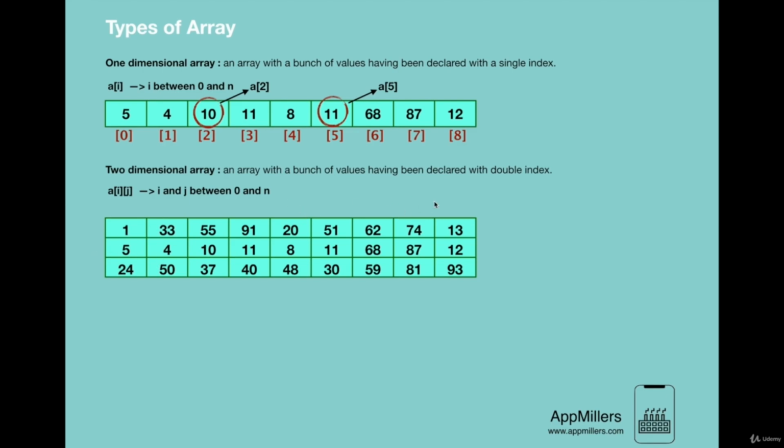That's why it is said that these numbers have been declared with a double index. Each column and each row has its own index. If we look at a 2-dimensional array carefully, we can see that it is composed of 1-dimensional arrays. In this case, we have combined 3 1-dimensional arrays together and got a 2-dimensional array.